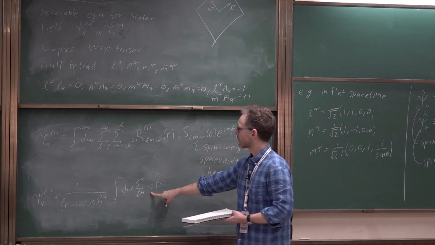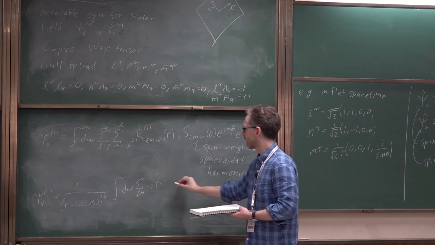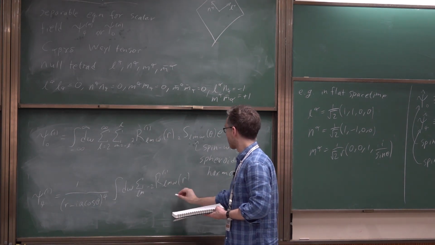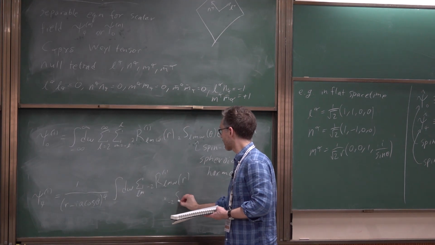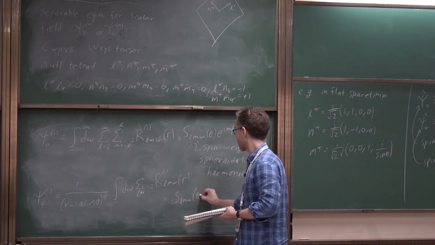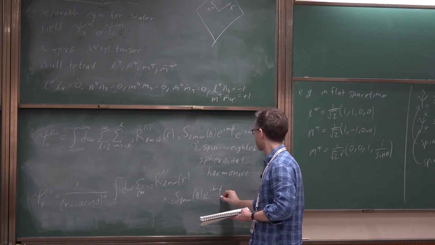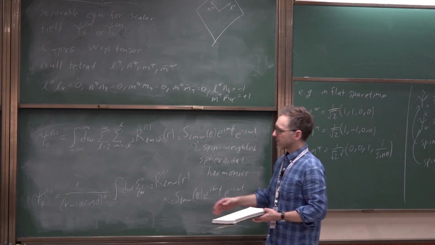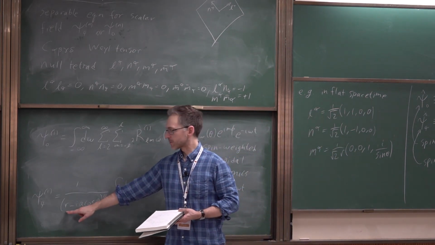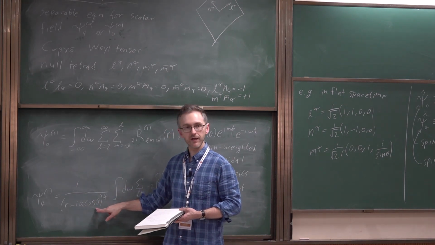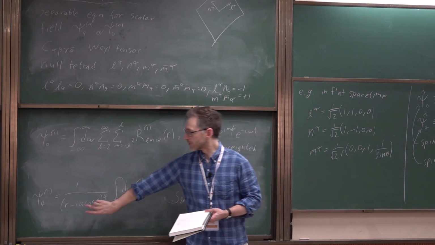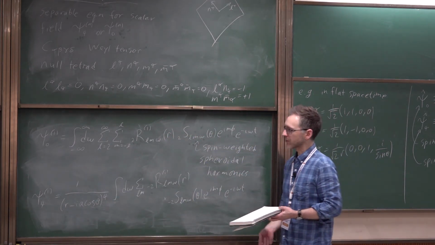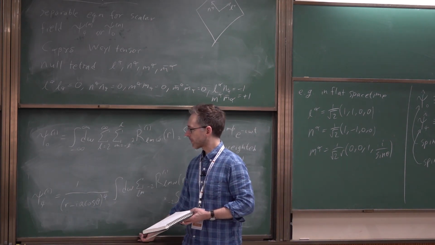We've got minus 2 as the spin weight on capital R and capital S, with l, m, omega, r times the spheroidal harmonic with l, m, omega, theta, e to the i m phi, e to the minus i omega t. So you see that in Schwarzschild, this just becomes a power of r. The theta dependence drops out. So in Schwarzschild, you don't need to introduce this overall factor to separate the Teukolsky equation. But in Kerr, you need to introduce it, otherwise the Teukolsky equation doesn't separate.